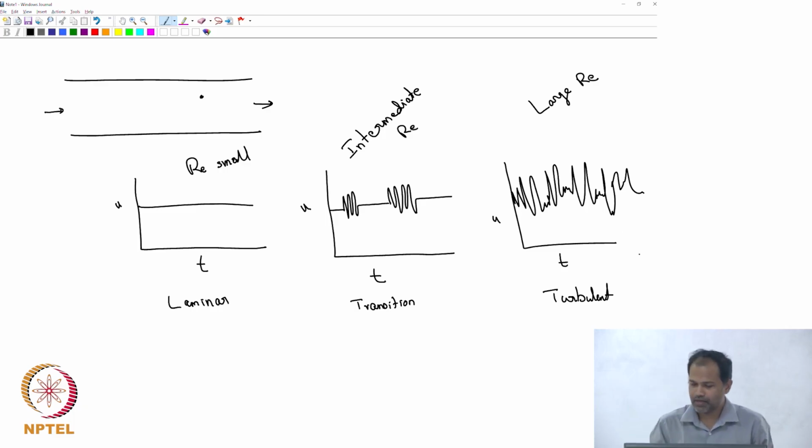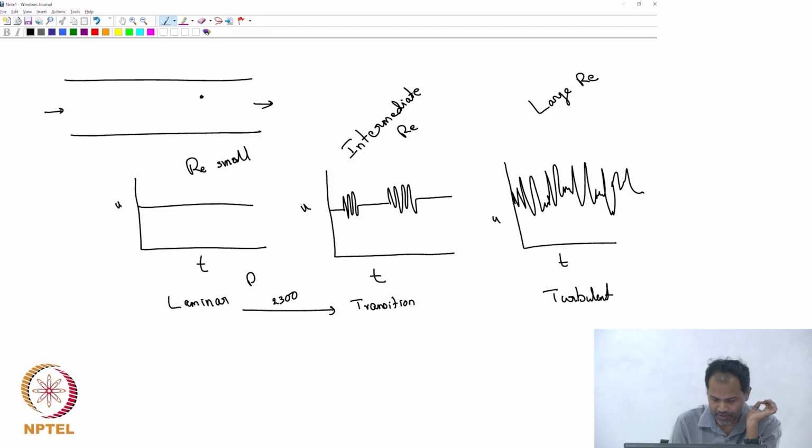For a pipe, typically the Reynolds number where the laminar to turbulent transition happens is approximately 2300, when the Reynolds number is defined based on the diameter D, V is some average velocity, rho divided by mu. You could define the Reynolds number based on radius, diameter, anything. When it is defined based on diameter and is slightly greater than 2000, you would start seeing the transition.